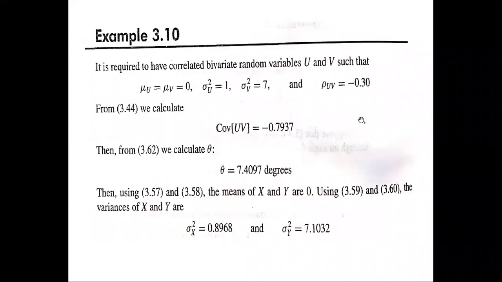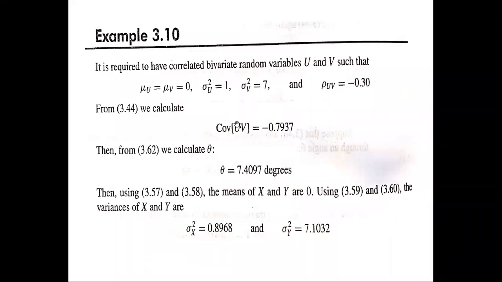So let us see an example corresponding to this. It is required to have correlated bivariate random variables u and v such that their mean is 0. Mean is 0 here, and the variance of each one of them is given to us. The correlation coefficient is also given to us. Given this, we can try to find the covariance of uv.